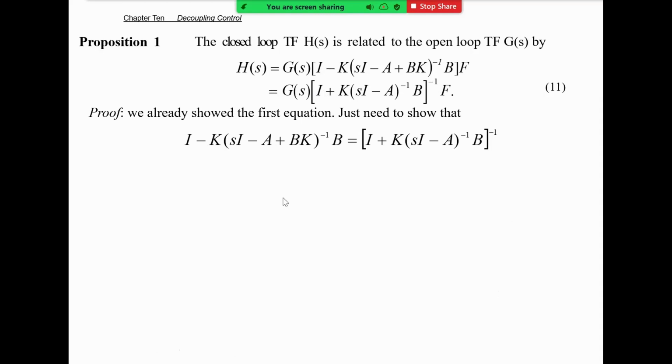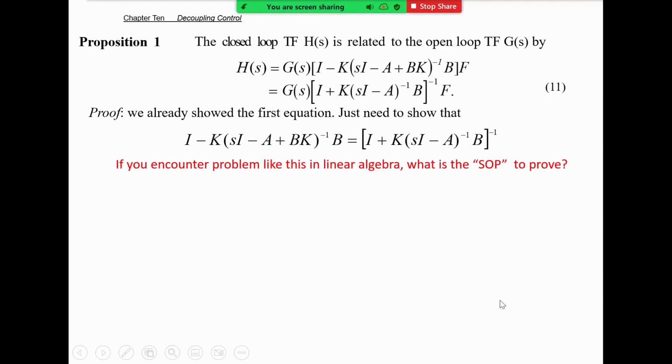It looks a bit complicated, but remember, let's say you are taking a course in linear algebra and you want to prove this kind of problem: a matrix equals the inverse of another matrix.